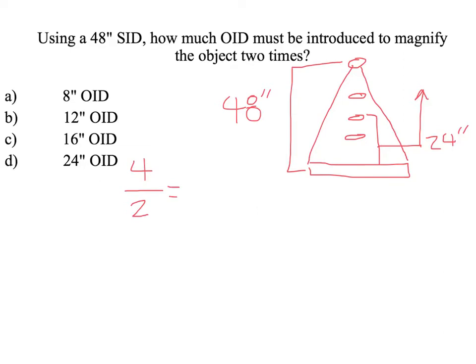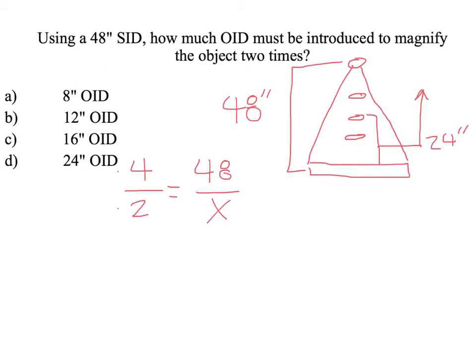And we're saying the image size over the object size equals SID over SOD, and the SID in this case is 48, and they're asking us at what source to object distance. They're asking us what is the OID, but we're going to solve for source to object distance and then we'll be able to compute the OID. Does that make sense?